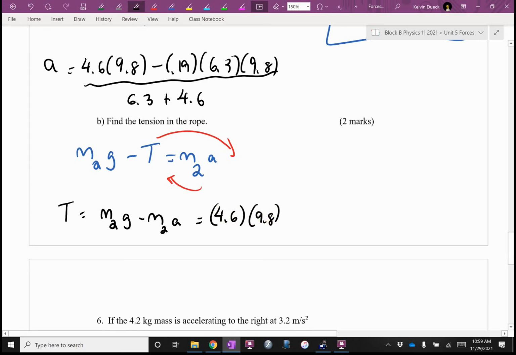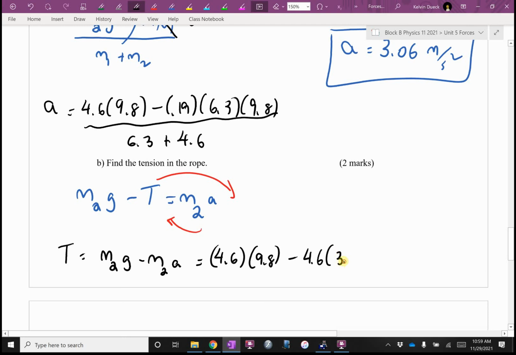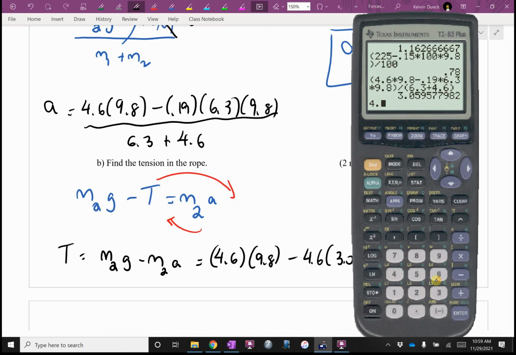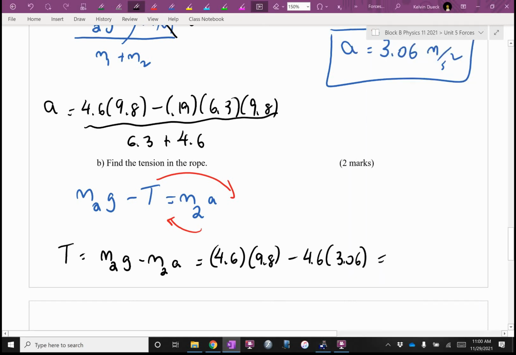G, 9.8, minus 4.6 times 3.06. Do you get almost exactly 31 newtons? Yeah, okay.